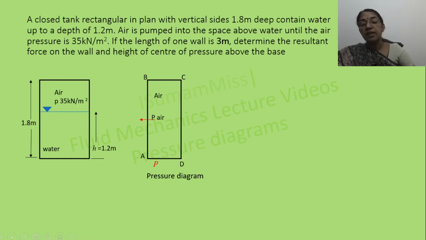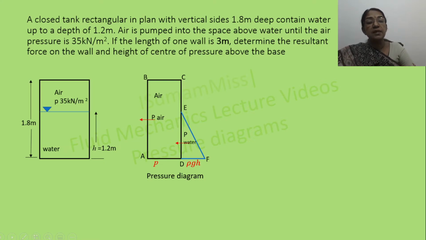Water is available up to a height of 1.2 meter from the base. So water pressure is 0 here, and it is increasing to the maximum value at the bottom. If you are drawing the pressure diagram for water, it is equal to 0 at this point E corresponding to this free surface, and it increases to the maximum rho gh at the bottom. So the pressure force due to water acts through the center of gravity of this triangle.